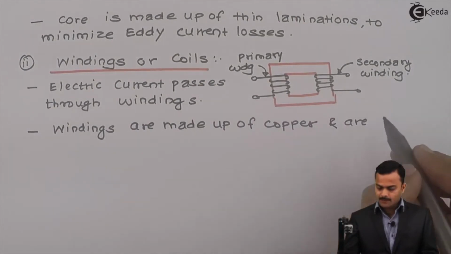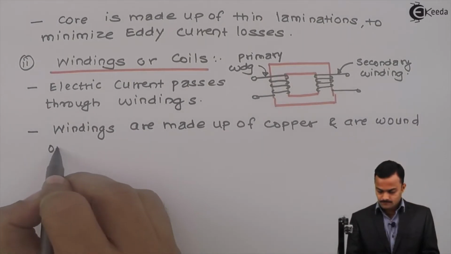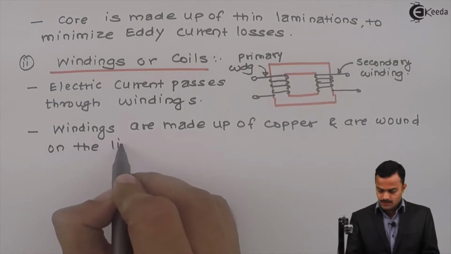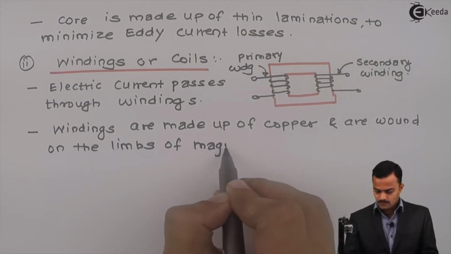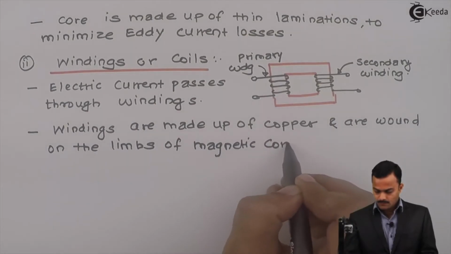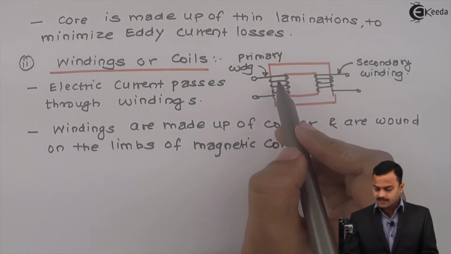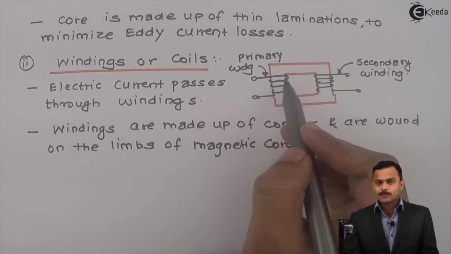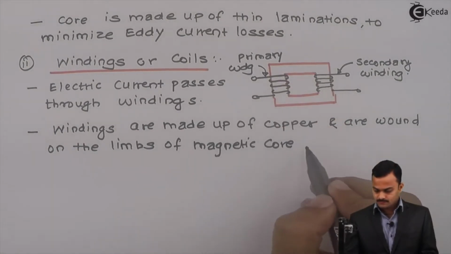So windings are made up of copper and are wound on the limbs of magnetic core. So there will be many number of turns on this limb. So obviously there is a risk of touching two subsequent turns, but that we are going to avoid with the help of insulation. So remember, these windings are insulated from each other.